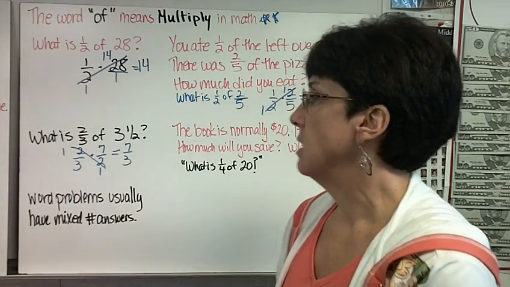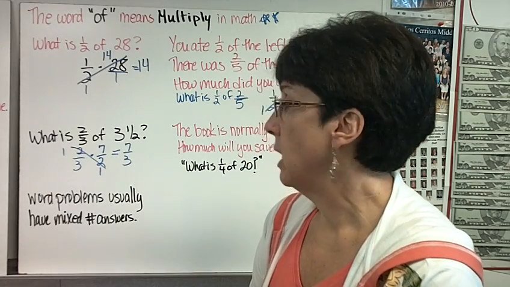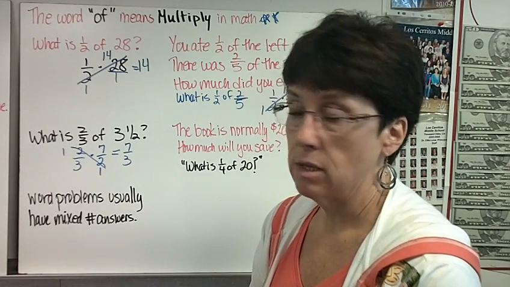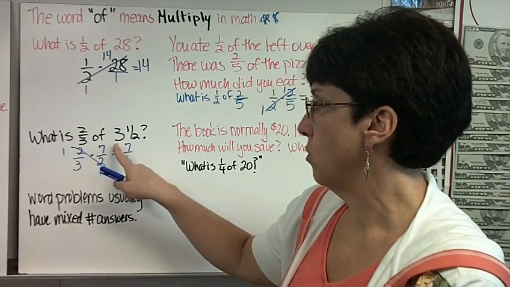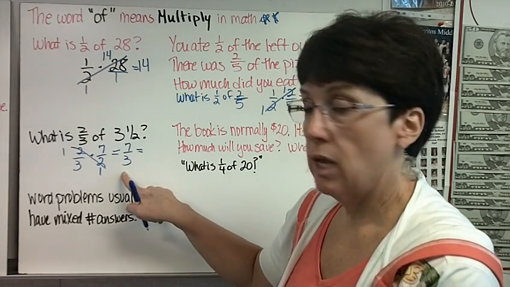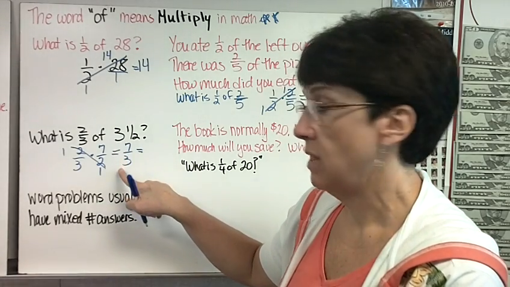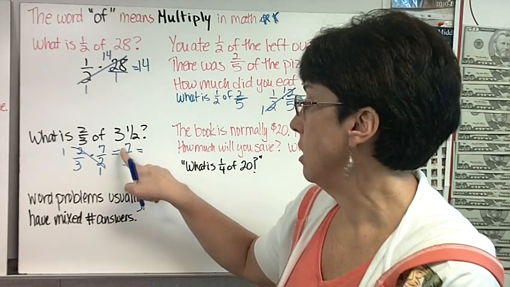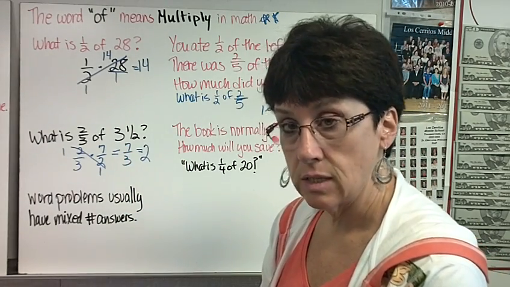Now I'm going to multiply, and I get 7/3, because 1 times 7 is 7, and 3 times 1 is 3. Now, since this problem had a mixed number in it, we like to change our answer back to a mixed number. So 2/3 of 3 1/2 is 7/3, but let's change that back. We do that by dividing the denominator into the numerator. That gives us the whole number. 3 goes into 7 2 times, because 3 times 2 is 6.